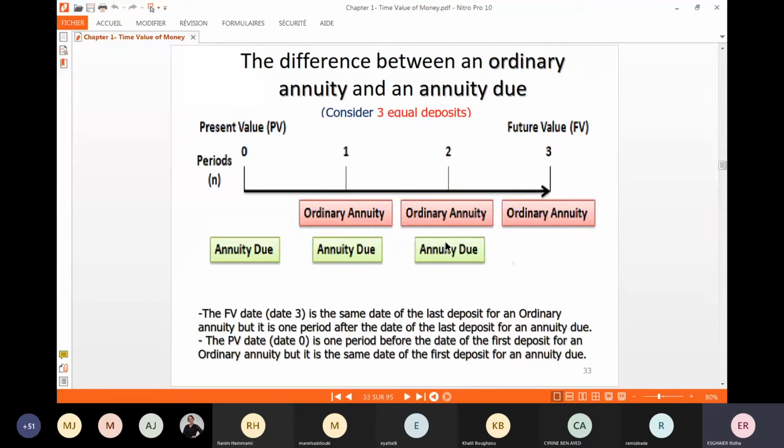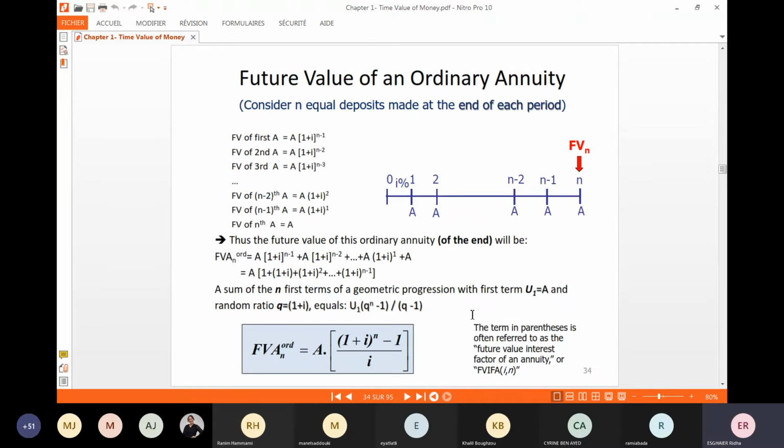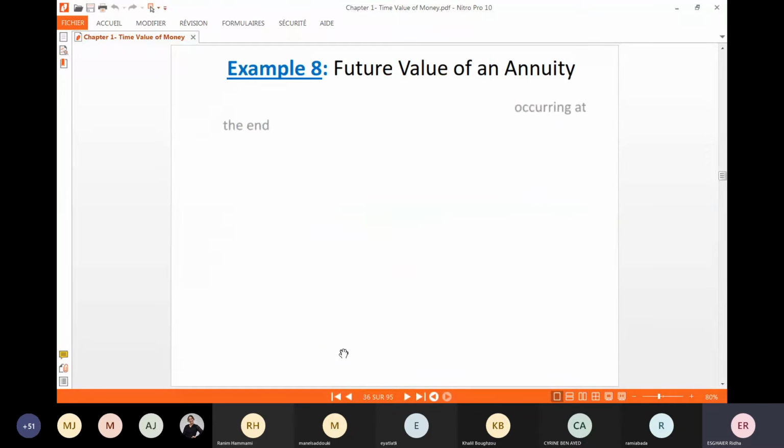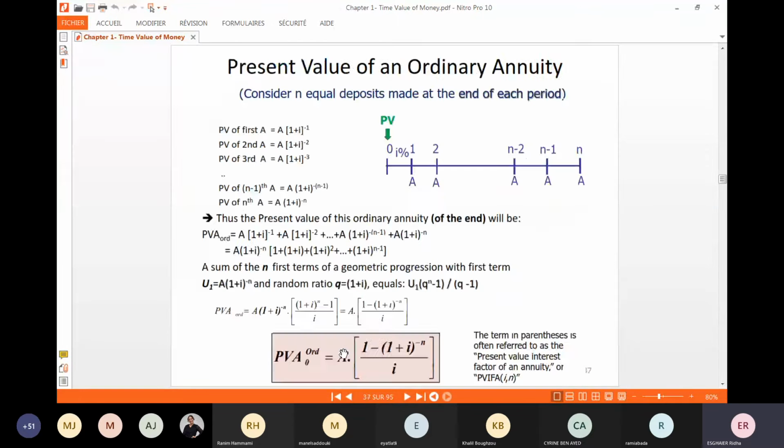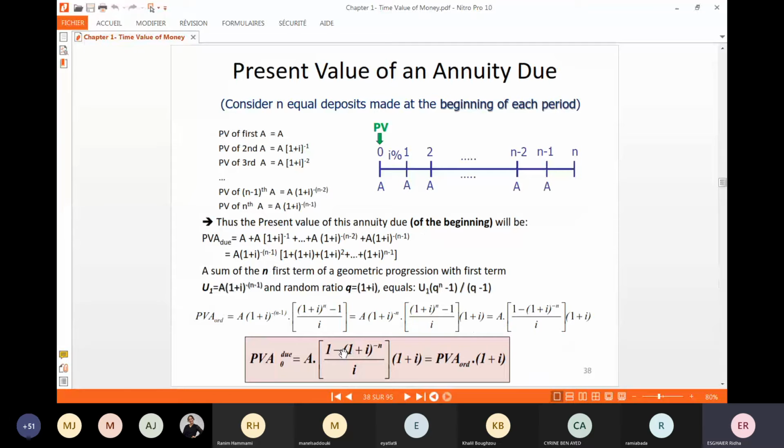We will use this logic to better memorize, if you want, or understand which of the different formulas we developed the previous week we will use to solve different problems, because we have 4 formulas: future value of an ordinary annuity, future value of an annuity due, present value of an ordinary annuity, present value of an annuity due.